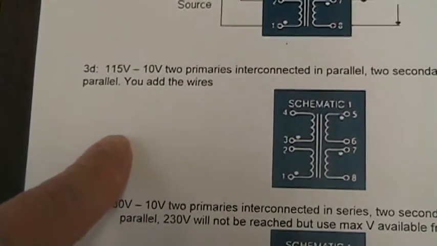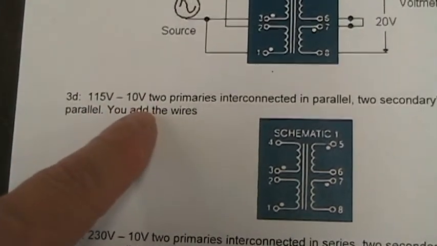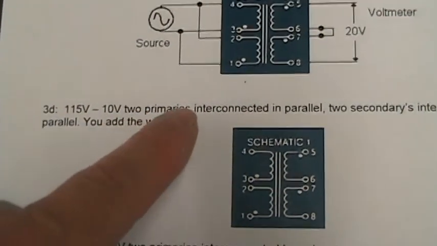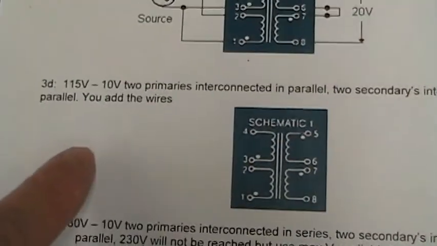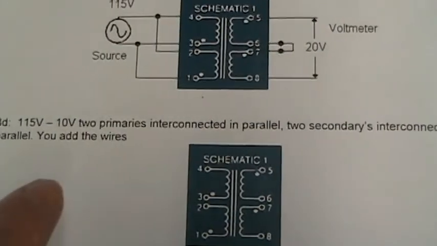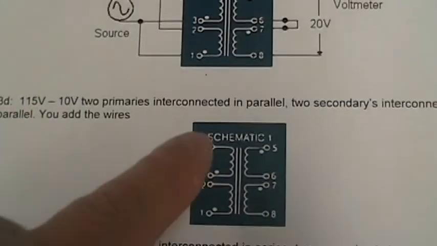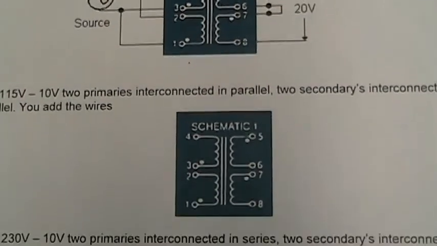For the next circuit, 3D, we have 115 volts to 10 volts, two primaries interconnected in parallel, two secondaries in parallel. So we're going to have the lower voltage, but we're going to have all four windings, both primaries, both secondaries, active.